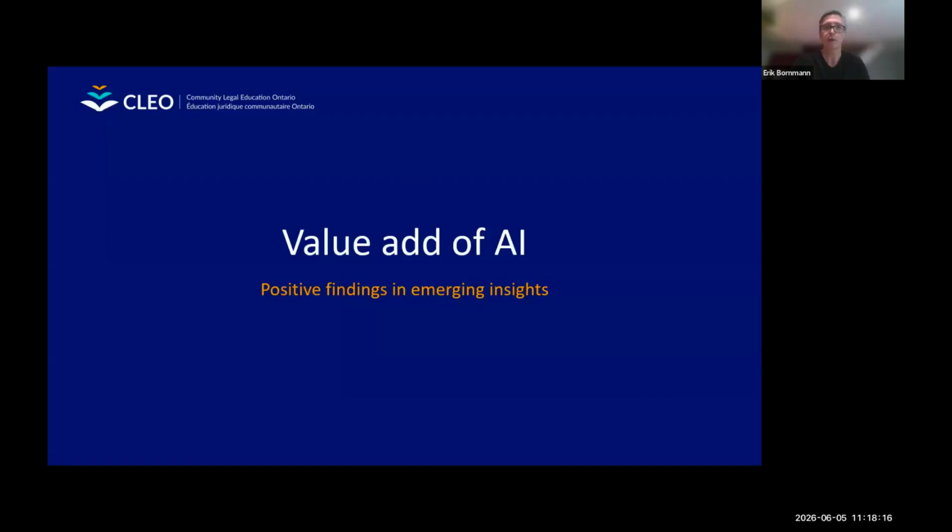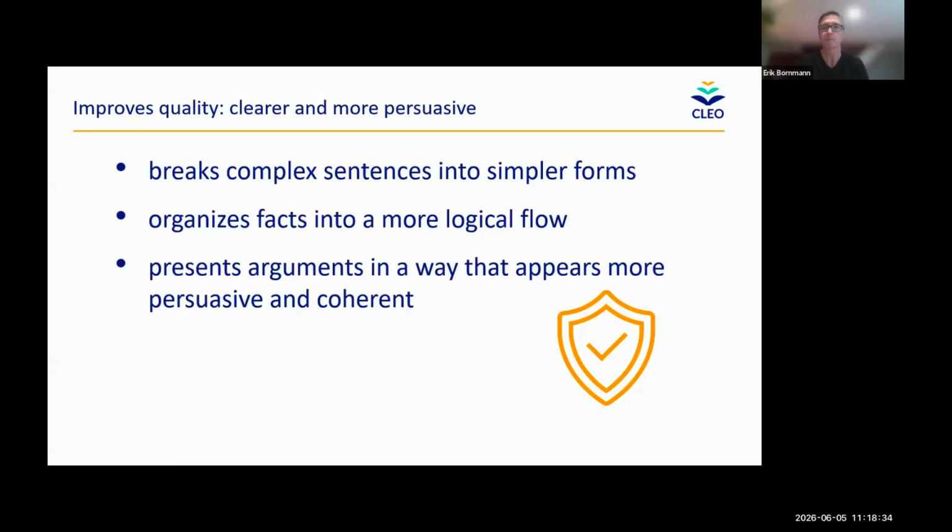Throughout the first year of our research project, as I mentioned, we're in year 2, several insights emerged, including many positive findings that provide a sense of how this particular use of Gen AI could enhance CLEO's guided pathways. Our testing shows that Gen AI can improve clarity, structure, and argumentative strength of legal narratives as compared to decision tree outputs without the AI enhancement.